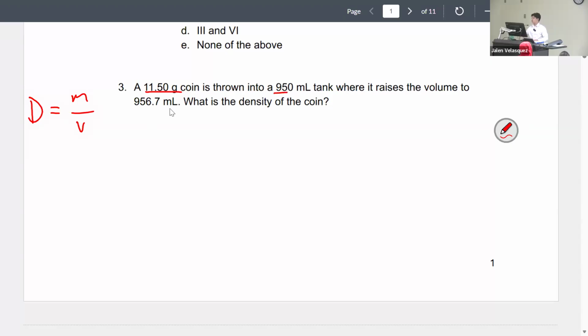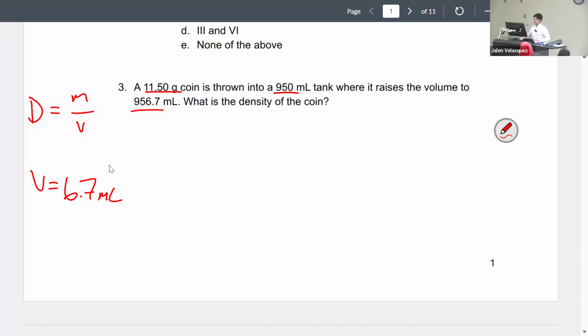Initially it's at 950, then it raises the volume to this final volume, right? So to get the volume, you can just solve for the displacement. So what is the volume of the coin? 6.7, right? And I swear I didn't do this on purpose. I wrote this problem way before 6.7 was a thing.